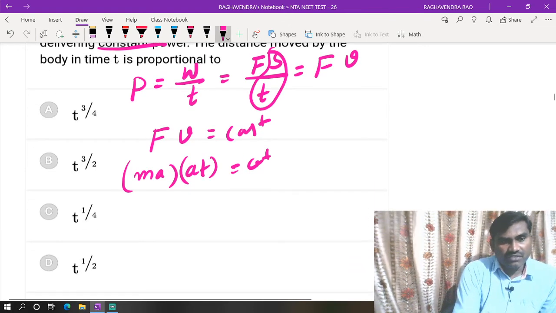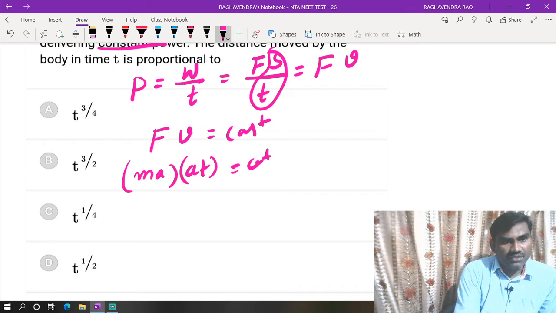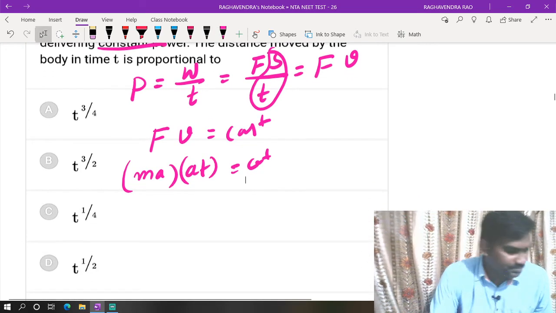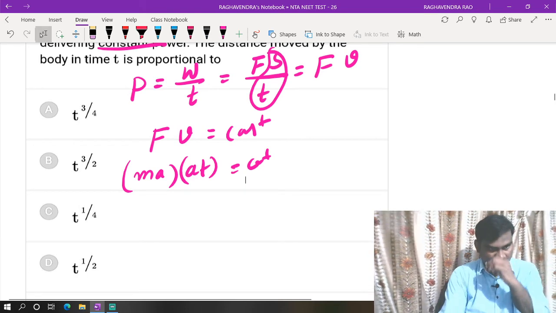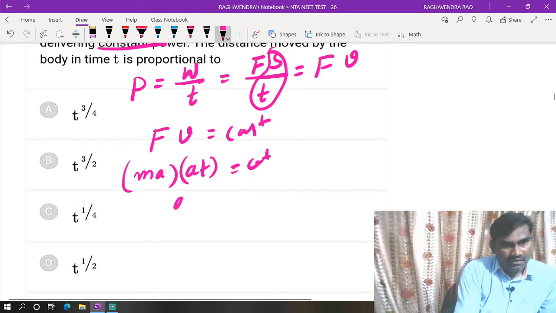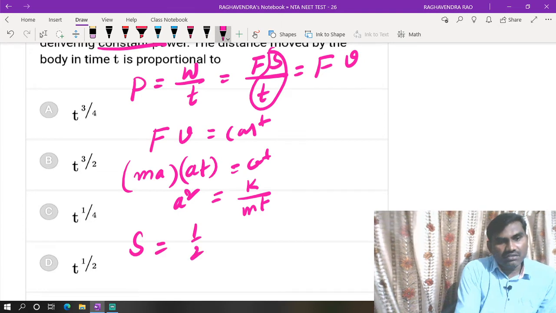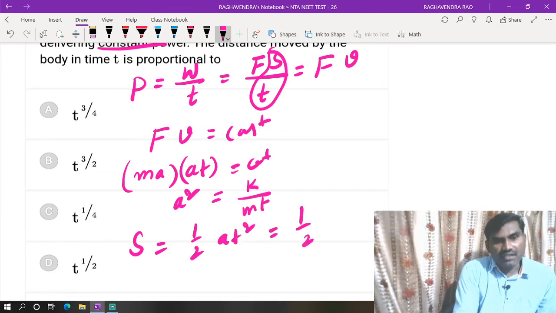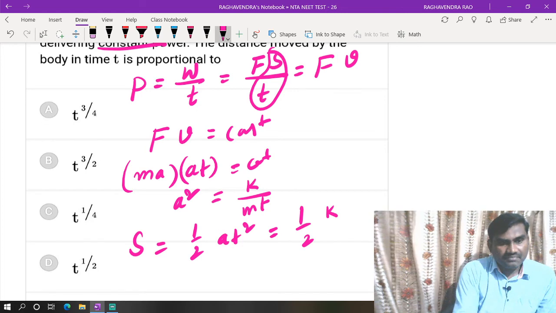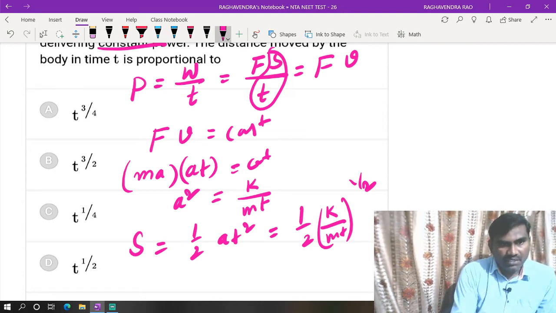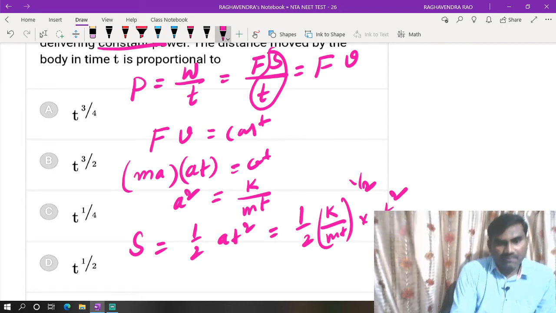Now a square into t can be taken as constant, so a square is equal to some constant by m into t. Now distance is equal to half a t square. The value of a is K by m t whole to the power of 1 by 2, into t square.